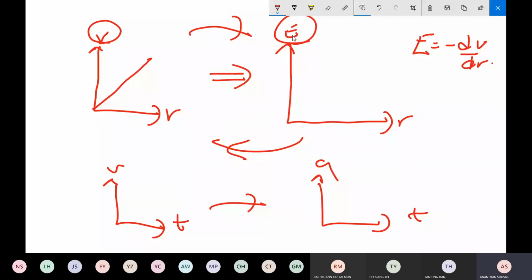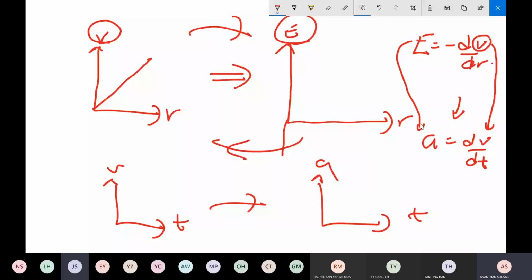How should the E versus R graph look? Anyone? If it is difficult for you to view electric potential and electric field strength, you can view them like velocity and acceleration, as I told you. Just to simplify, take electric potential like velocity, and electric field strength like acceleration. The only difference is this is negative.